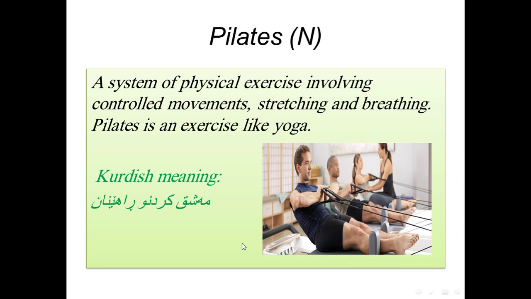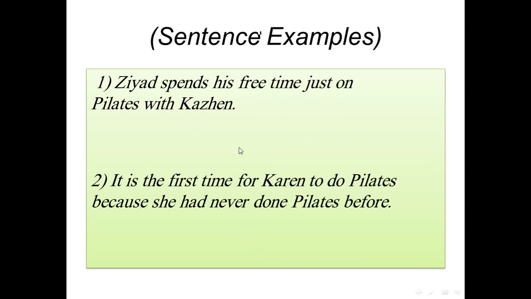So let's move to the examples. Sentence examples. Number 1. Ziad spends his free time just on plates with Kajin. So here it means that Ziad spends much of his time with Kajin just doing some exercises, doing some different plates.